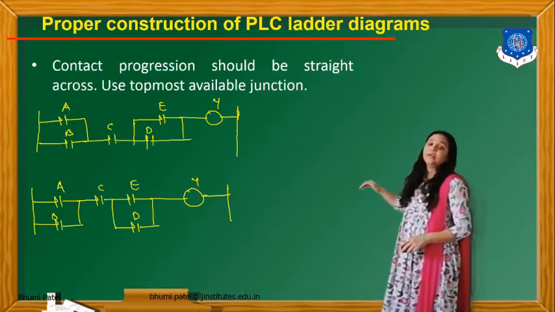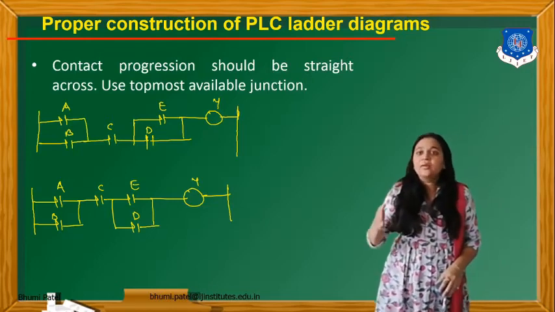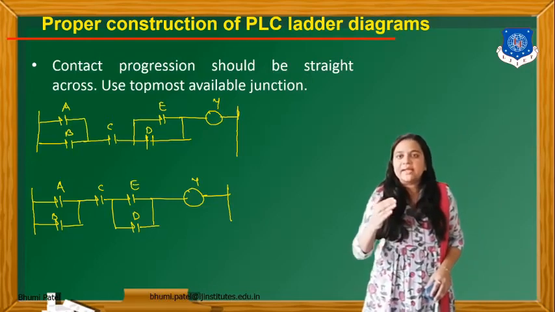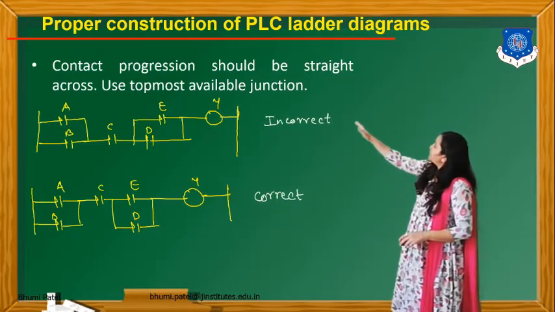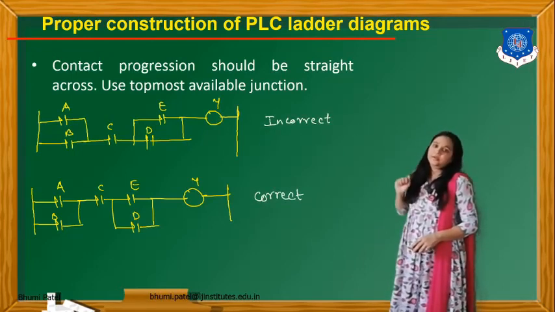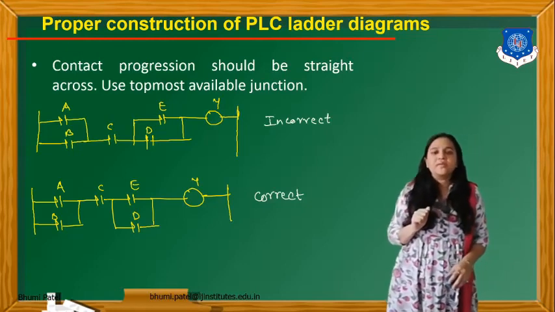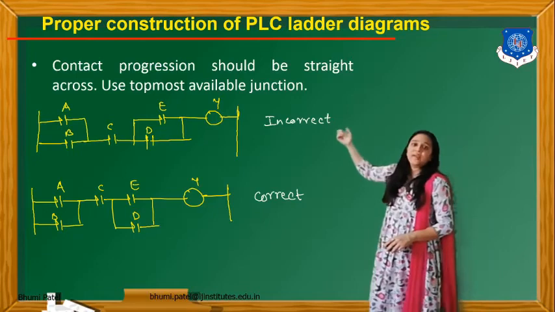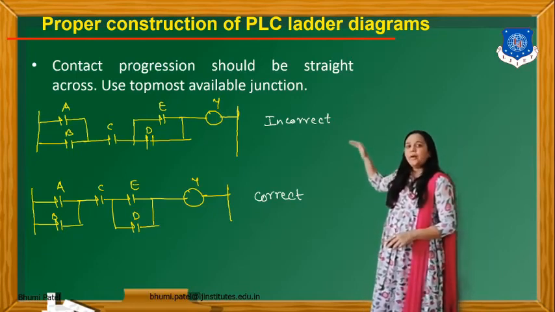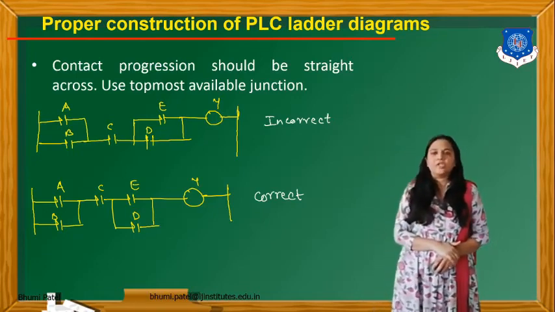So A and B are connected in parallel, then C is connected in series, and E and D are connected in parallel. The first one is the incorrect diagram and the next one is the correct diagram. So we should always use the topmost available junction. We cannot make an up-down connection in the ladder logic diagram.